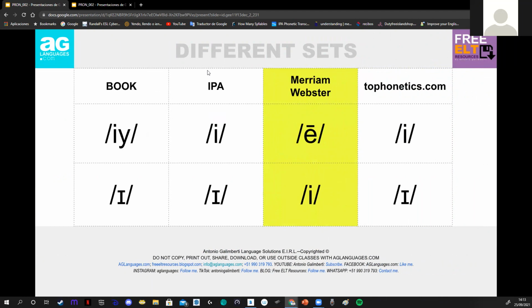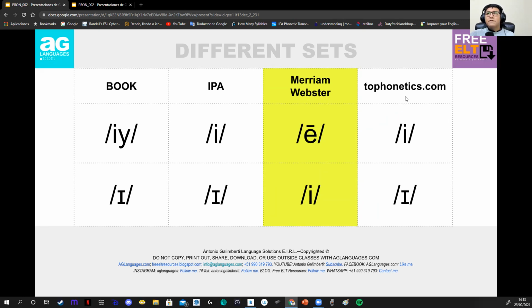This is what I was talking about. There are different sets of symbols, okay? For example, by Pearson, this is a symbol for the vowel, which is a lowercase I and a Y. You have the IPA, which is just a lowercase I. You have the Merriam-Webster, which is an E with a circumflex.